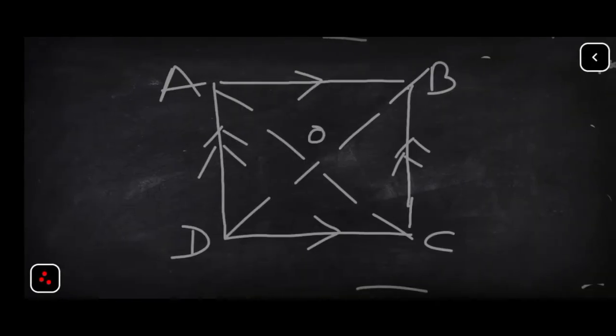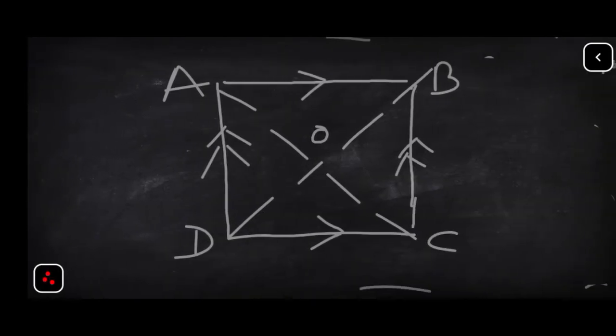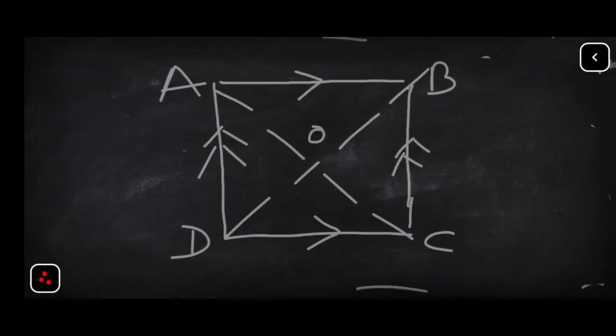Now the last one, square. A square is a parallelogram with all sides equal, diagonals that bisect each other, and diagonals of equal length. So this is a square with sides AB, BC, CD, DA.